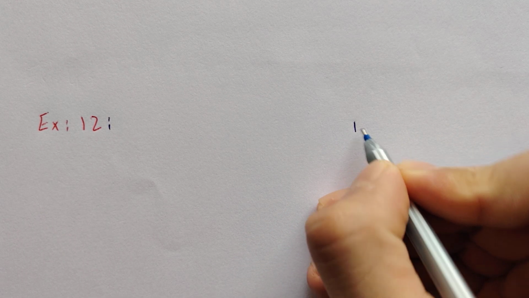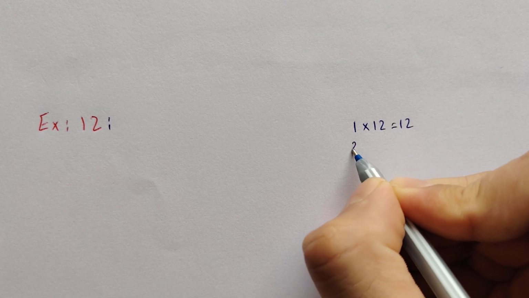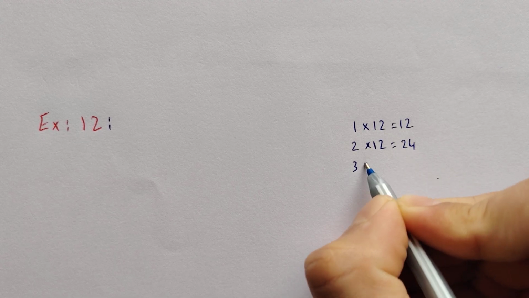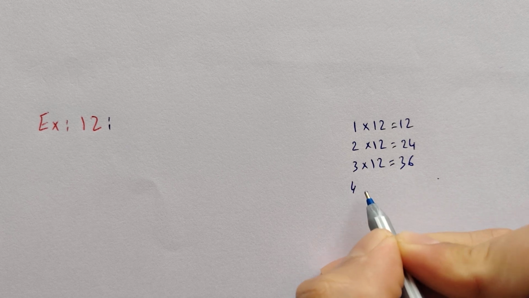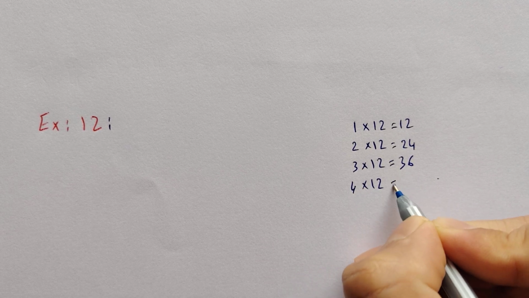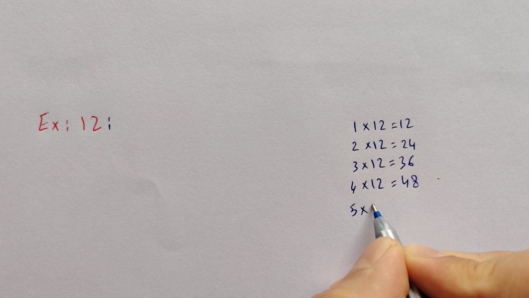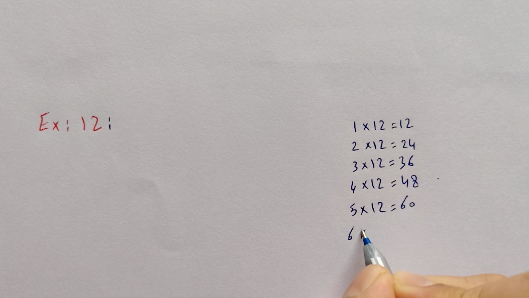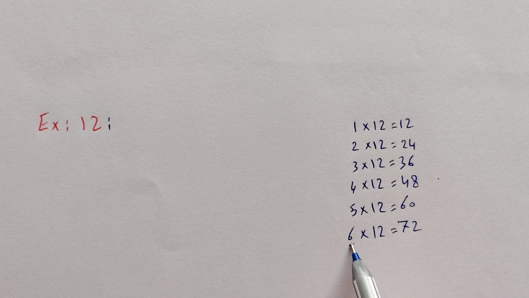I'm gonna write them. 1 times 12, which is 12. 2 times 12, which is 24. 3 times 12, 36. 4 times 12, 48. 5 times 12, 60. And 6 times 12, 72.